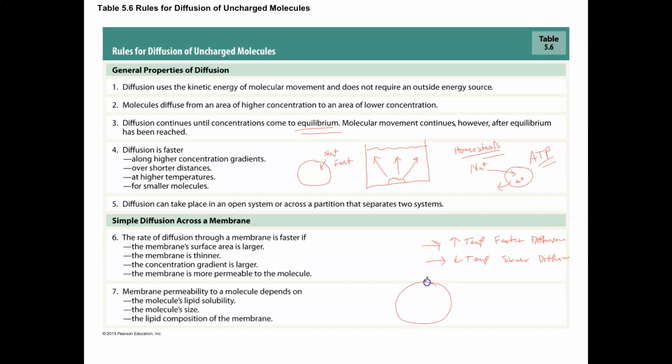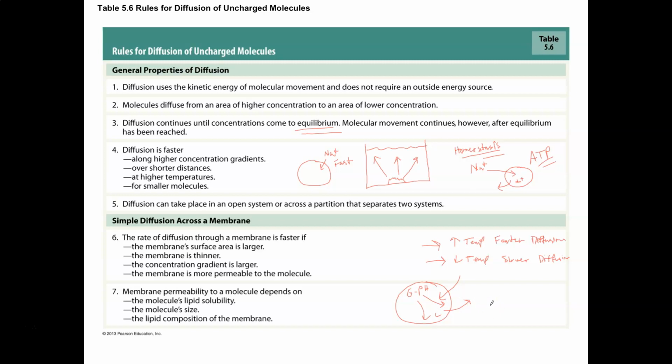So if you're just looking at intracellular movement, go back to that glucose with phosphate attached to it, you can have diffusion, okay, as long as you have a high concentration and a low concentration. So you can have diffusion within that compartment, and you can also have diffusion across the plasma membrane as well. Okay? So those are properties of diffusion.